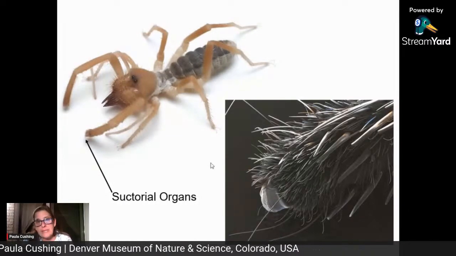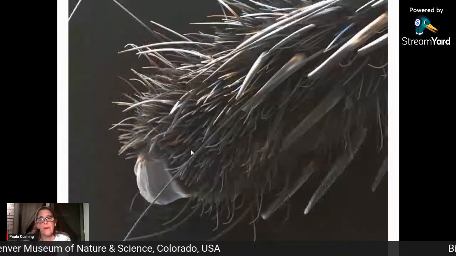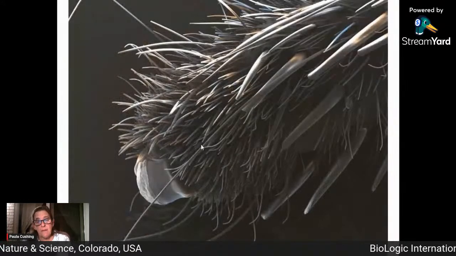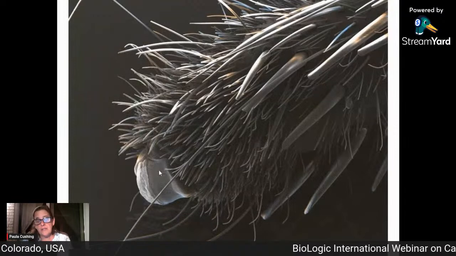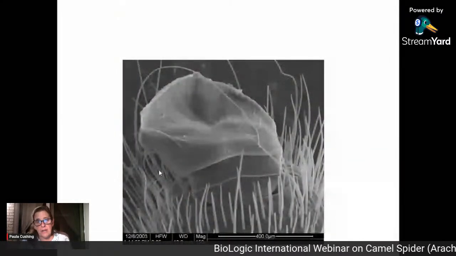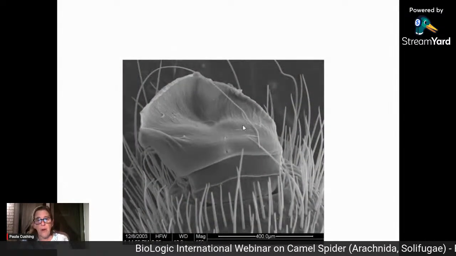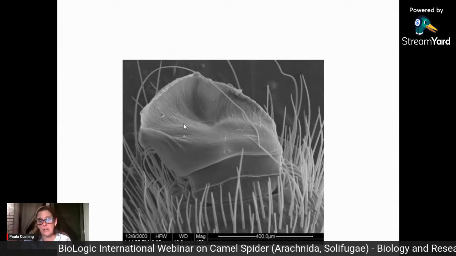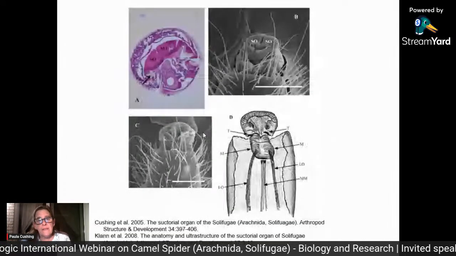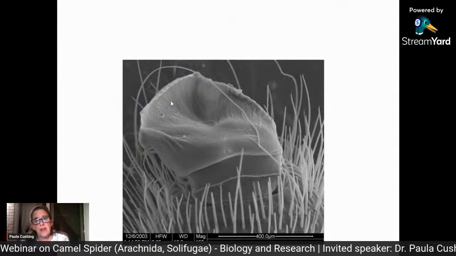So we did a study in my lab looking at the functional significance of these suctorial organs. This is a scanning electron micrograph of an everted suctorial organ, and you can see that the surface is variegated.